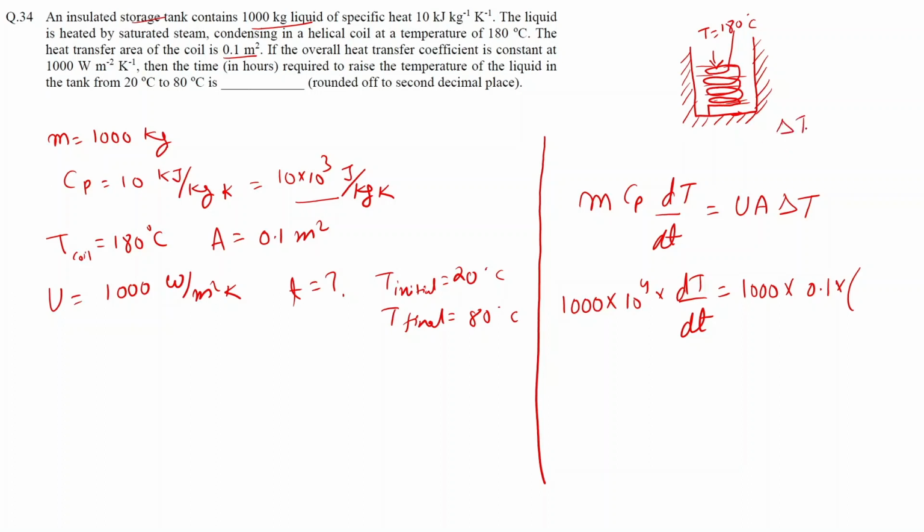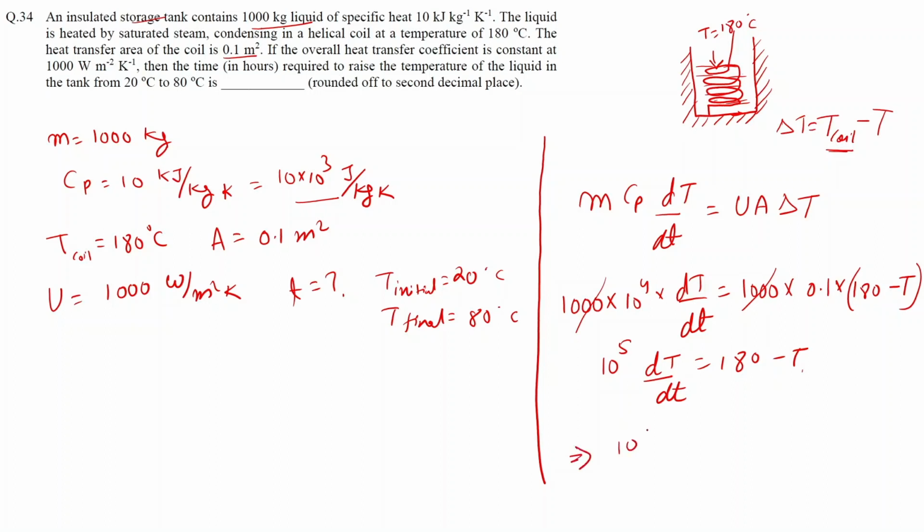So delta T, for the coil, the temperature we have defined as T coil minus T, where T is the temperature of the fluid. The temperature of the coil we have been given as 180 degrees Celsius, minus T. So this is my delta T. We can write this as thousands will get cancelled and this will become 10 raised to 5 dT/dt is equal to 180 minus T. Correct?